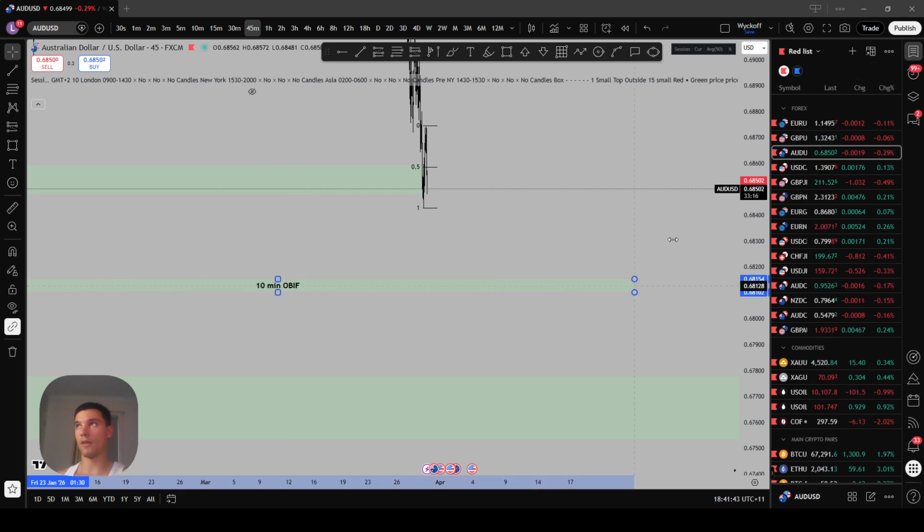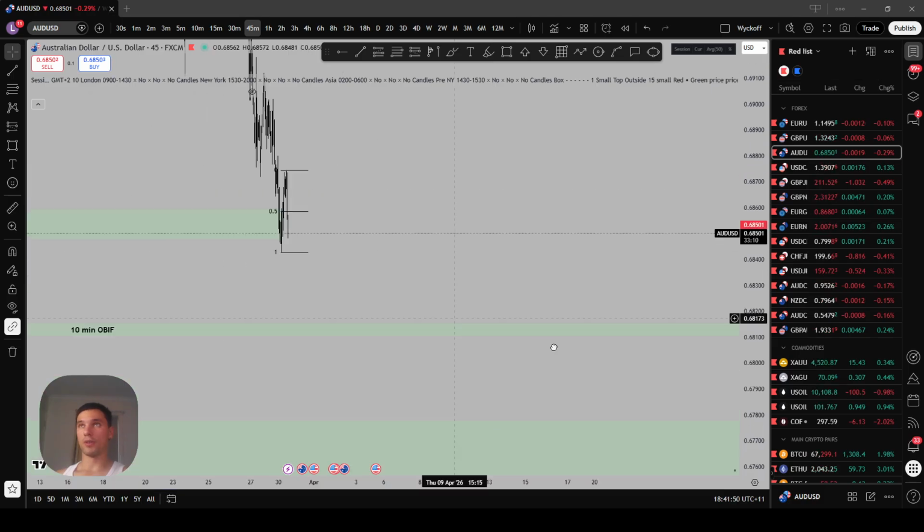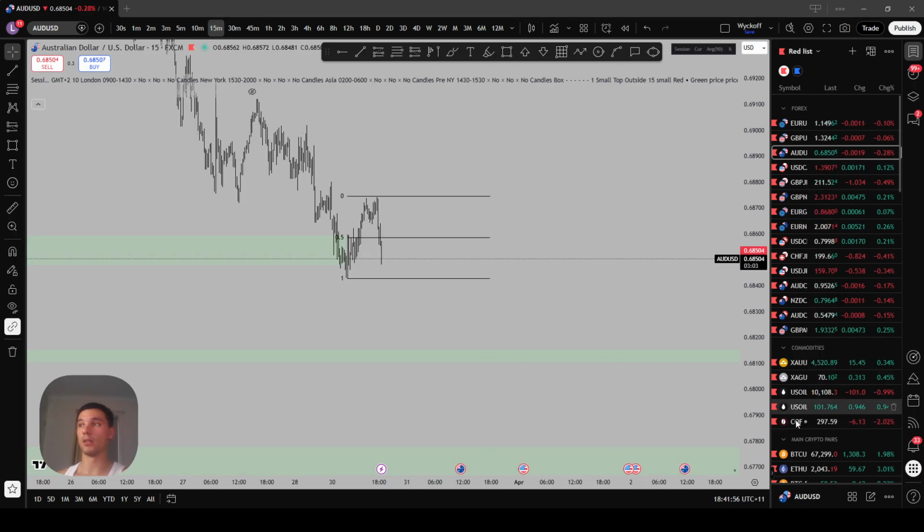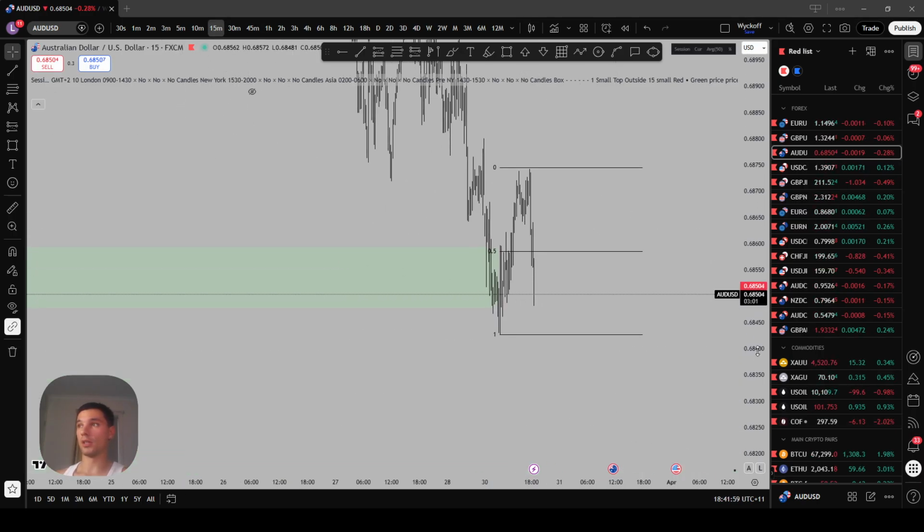Still a little far away from this 10-minute OBIF. We can always get a reaction from it, and if we accumulate upon mitigation of this, then that is obviously a lot higher confluence opportunity.